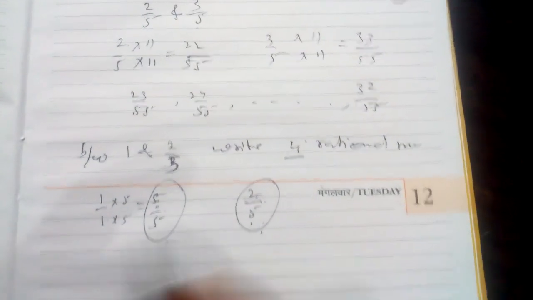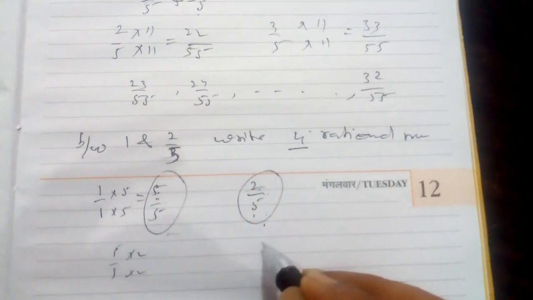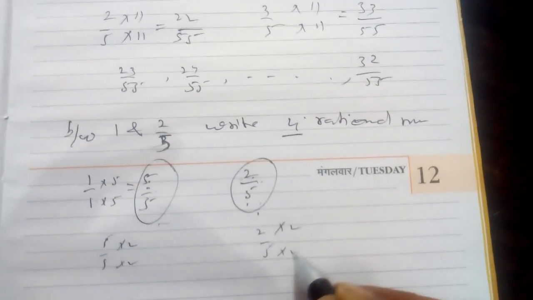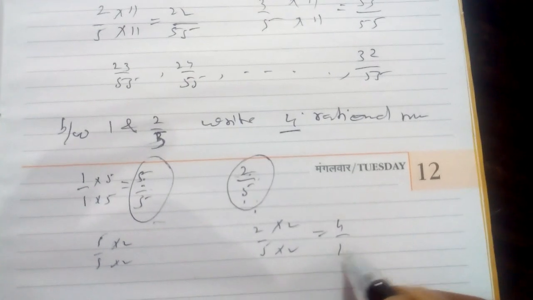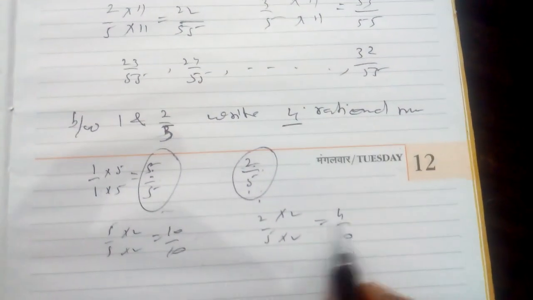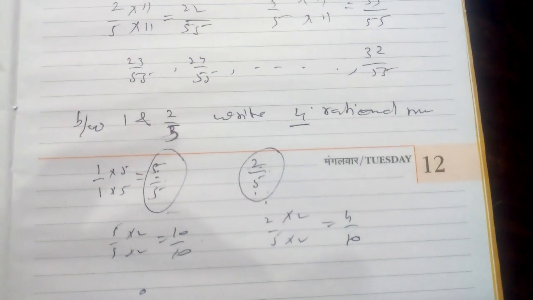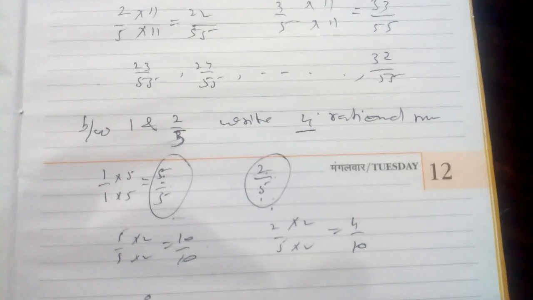Otherwise, double and triple. 5 by 5 multiply by 2, and 2 by 5 also double. You are getting 4 by 10 and here you are getting 10 by 10. Between 10 and 4 there are 9, 8, 7. Many are there.